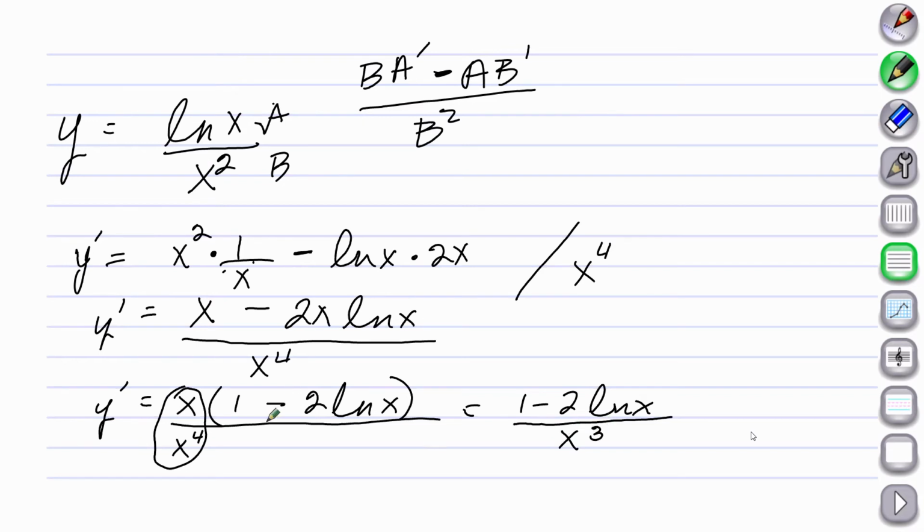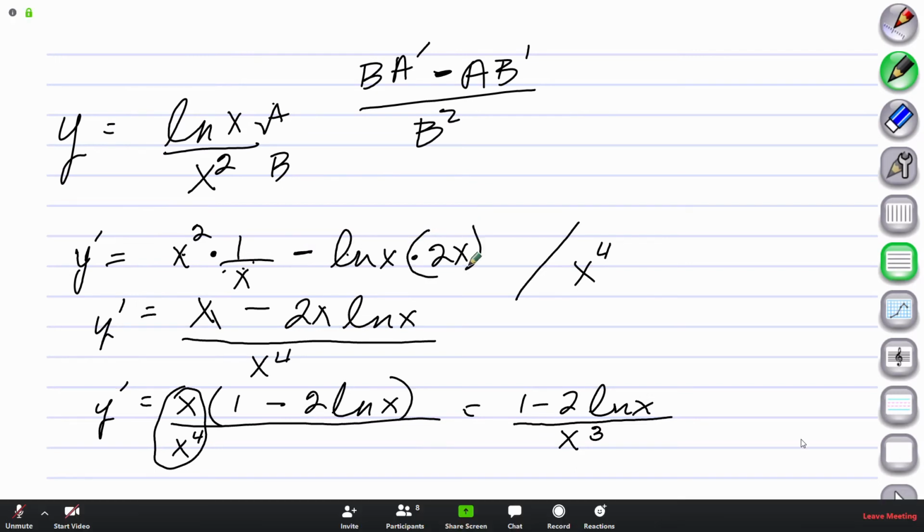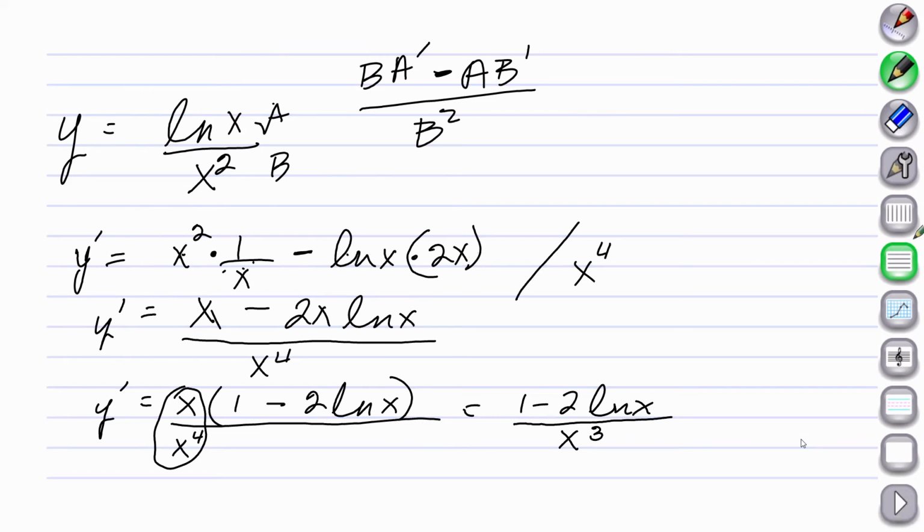Did I go too fast? So B times the derivative of A minus A times the derivative of B. Move the 2x in front.